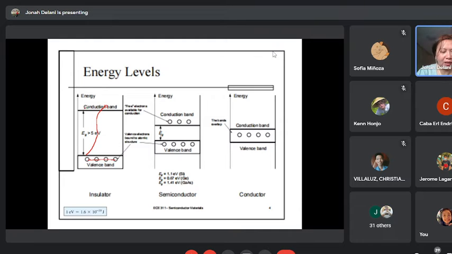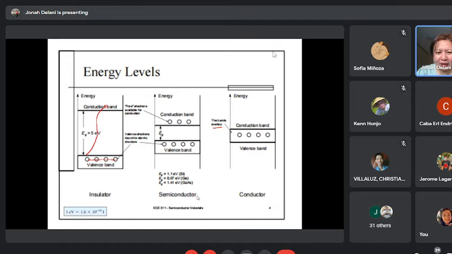This is the highway where the electrons run. A moving electron is current. In a conductor, the valence band and the conduction band overlap.